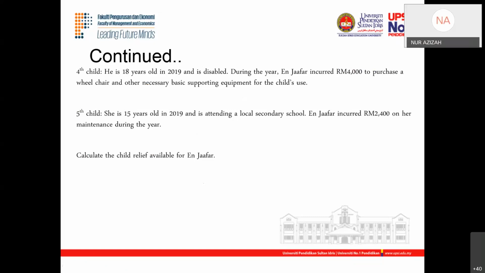So disable ni automatic dapat 6,000. Kalau dia belajar dekat universiti tambah 8,000 lah. Kalau dia disable duduk rumah ataupun disable sekolah 6,000 je lah. Oh, kalau duduk rumah dia 6,000 je lah. Macam yang ni kan. Ni kira duduk rumah lah ni. So 6,000 lah.